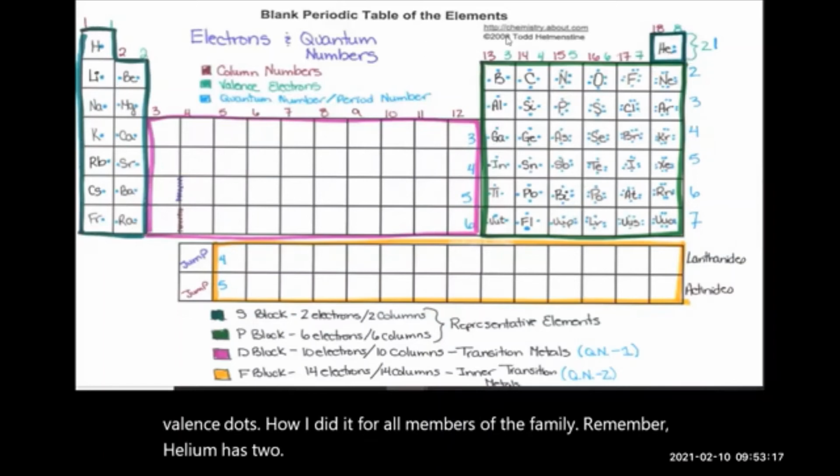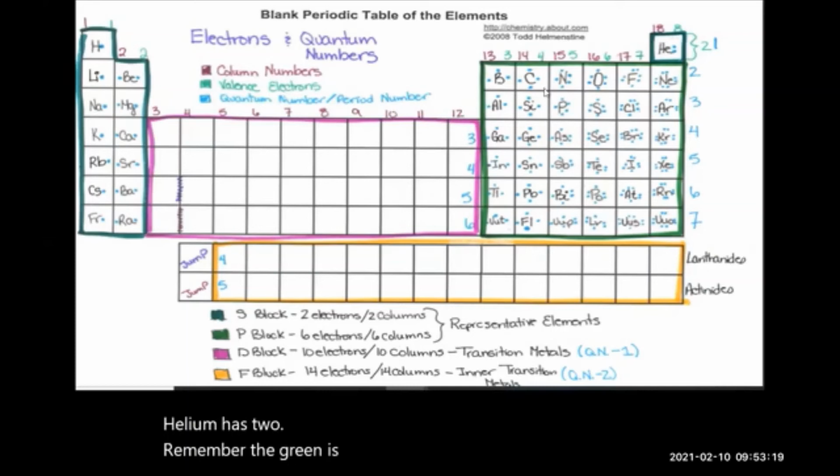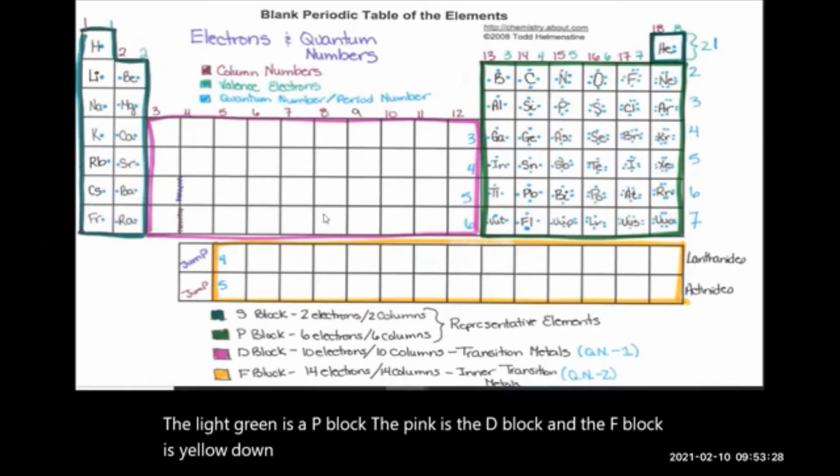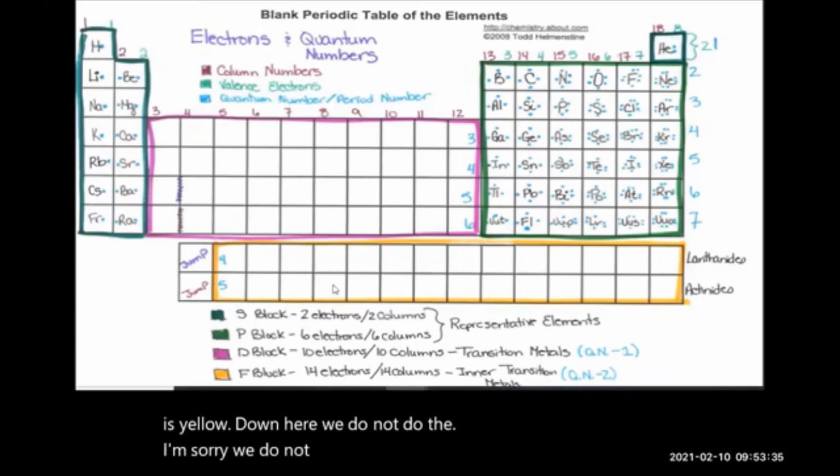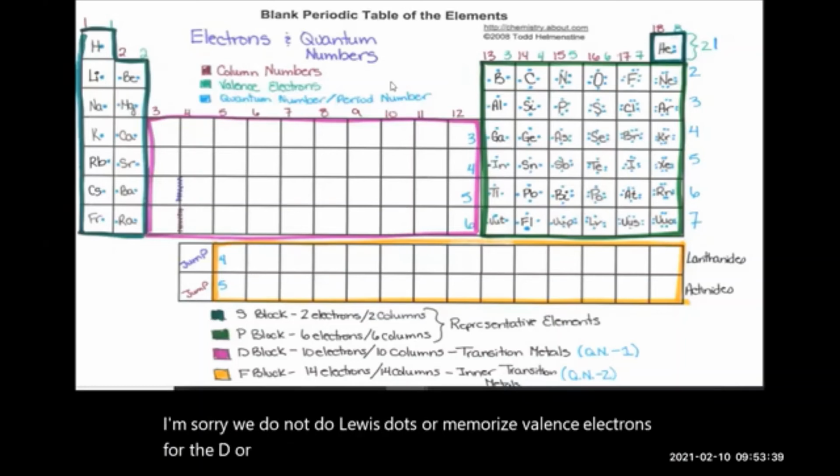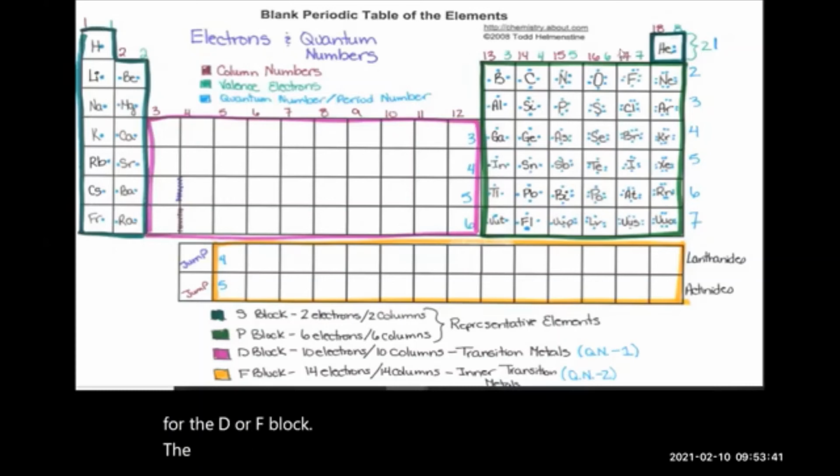Remember, the green is the S block, the light green is the P block, the pink is the D block, and the F block is yellow down here. We do not do Lewis dots or memorize valence electrons for the D or F block. The column numbers are in pink and the valence electrons are in green. Are there any questions?